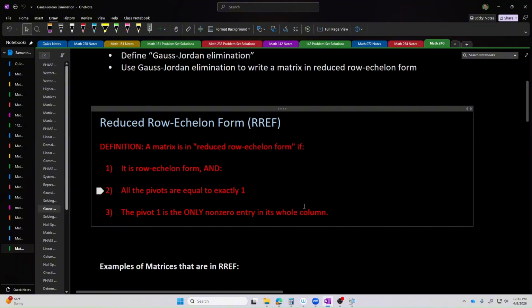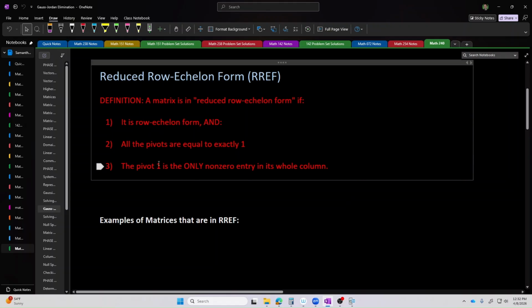The first additional restriction that has to be satisfied by a matrix that is in reduced row echelon form is that all of the pivots are equal to exactly 1. You're not allowed to have a pivot of 2. You're not allowed to have a pivot of 8. You're not allowed to have a pivot of 5. Your pivots have to be positive 1 exactly. That's the first requirement.